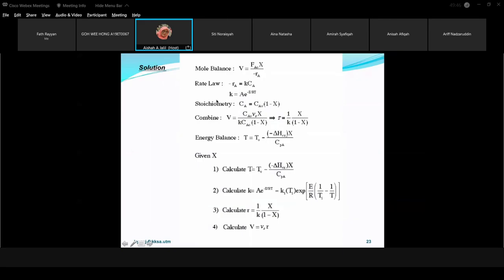Stoichiometry, because of the liquid, so just CA naught times 1 minus X. If it is gas, you have to consider 1 over 1 plus epsilon X. Now you combine all this in here, so you can get the FA naught, and FA naught is this one minus this one, you get X. This is the rate law, CA. CA is CA naught times 1 minus X.